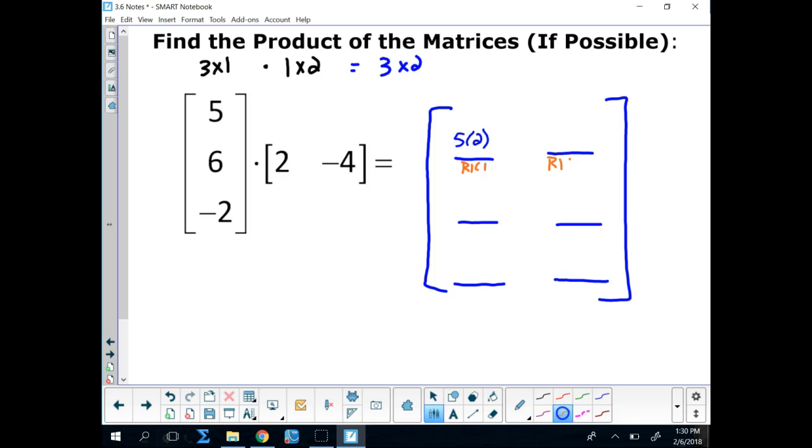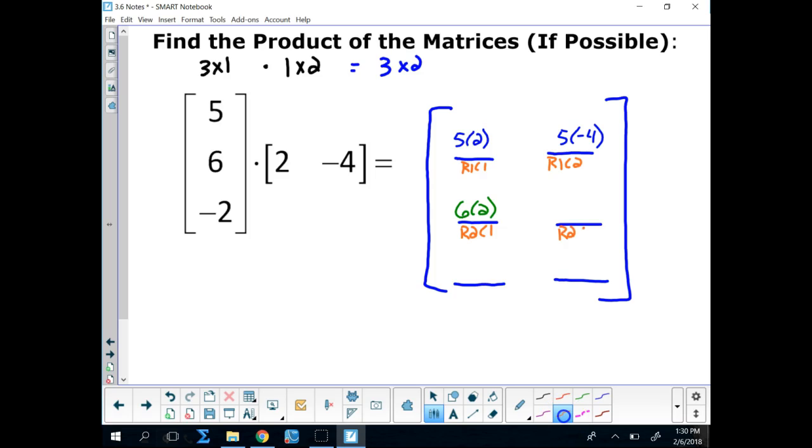Row 1, column 2, so that's going to be 5 times negative 4. Row 2, column 1, so that's going to be 6 times 2.